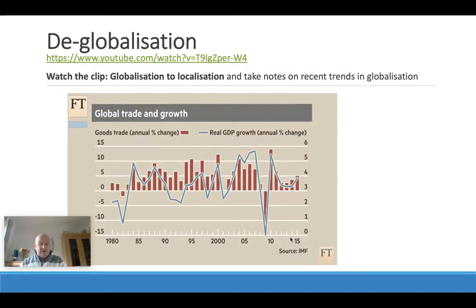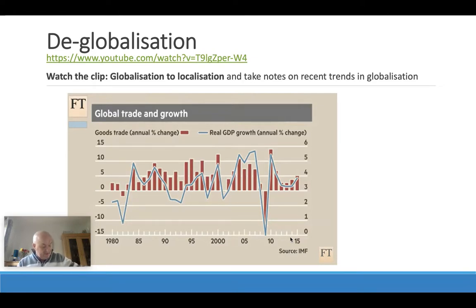So let's take a look then at this principle of deglobalization. We talked about globalization, we talked about all the advantages, we've mentioned some of the disadvantages, but there is also a view that in some cases deglobalization may be on the rise.